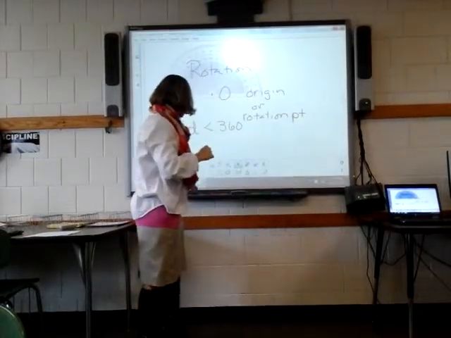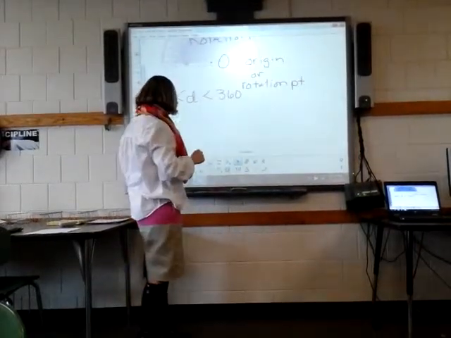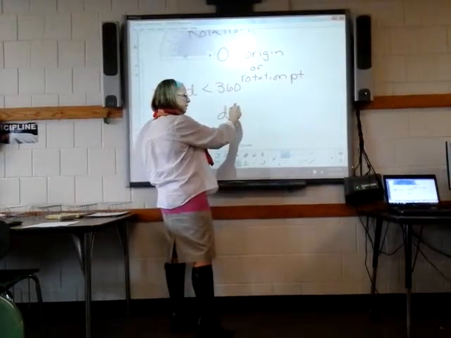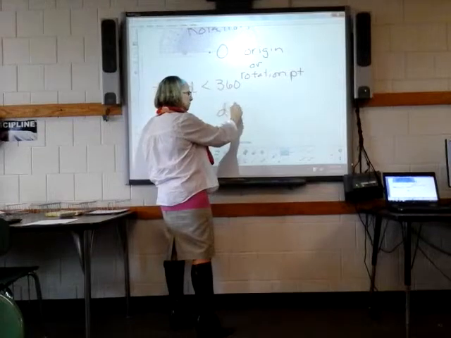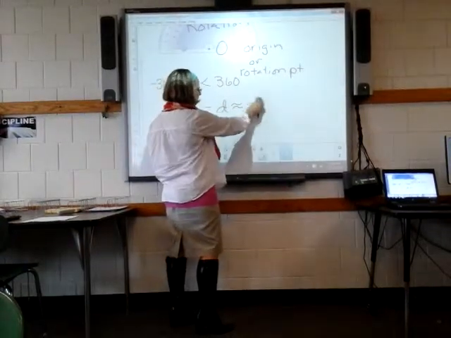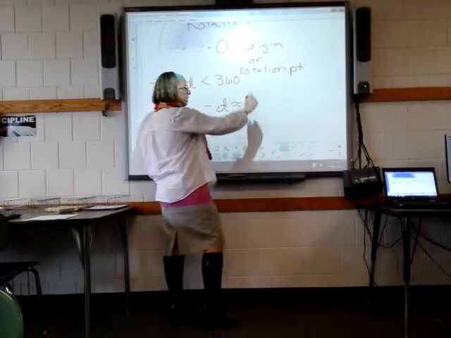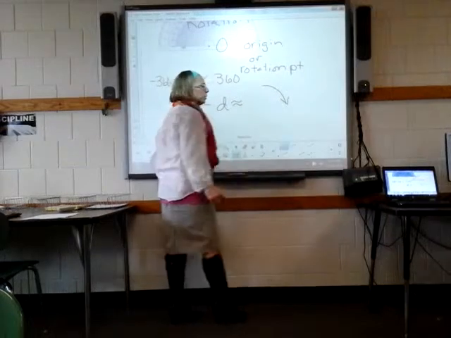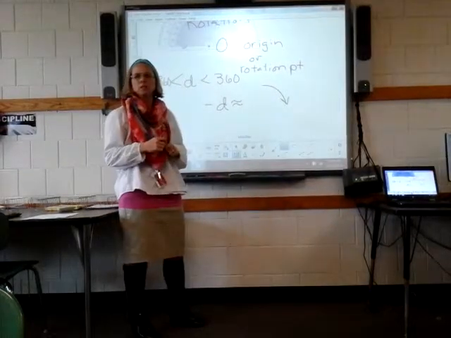Okay? I will tell you that if you have a degree that has a negative in front of it, your rotation is going to move in this direction. And how are we going to describe that direction?